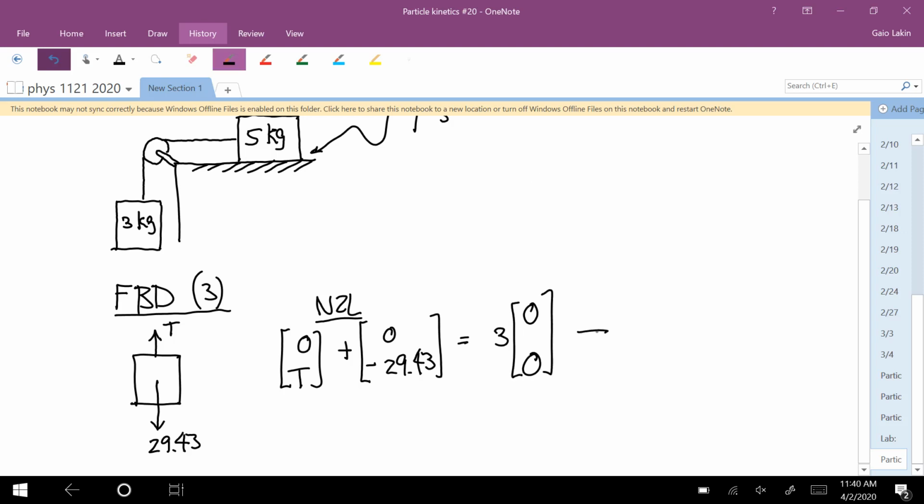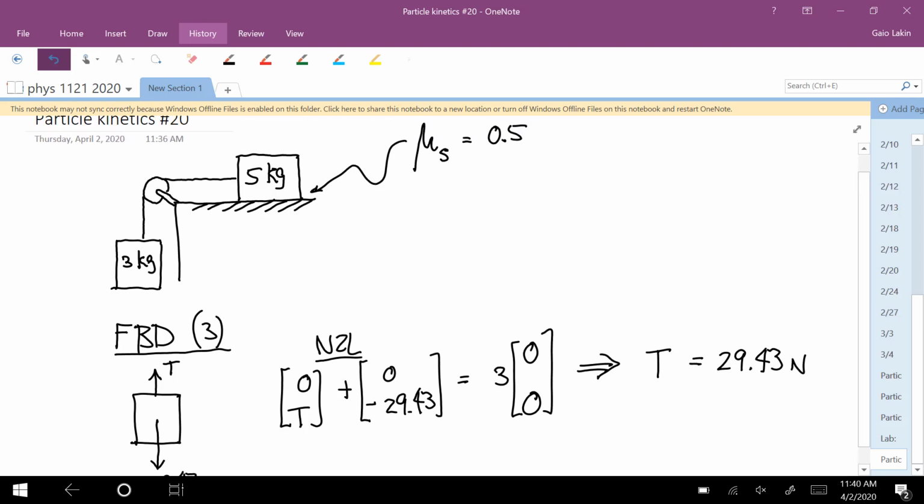And so what you get from this, the y equation says T minus 29.43 is equal to 0, or T is equal to 29.43. Okay, so that's good, because when we do the free body diagram of the 5 kilogram box, we're going to have a T in there, and now we know the value for it.